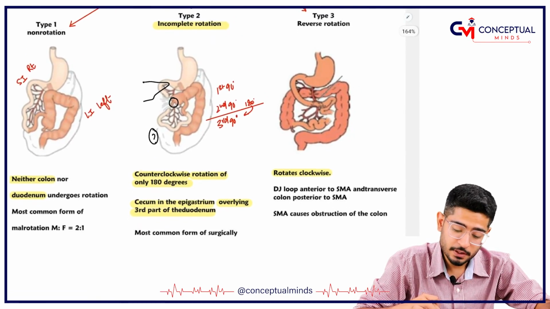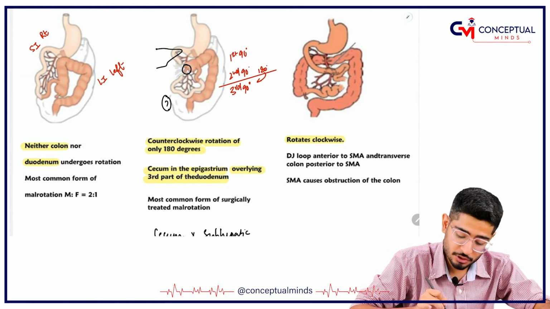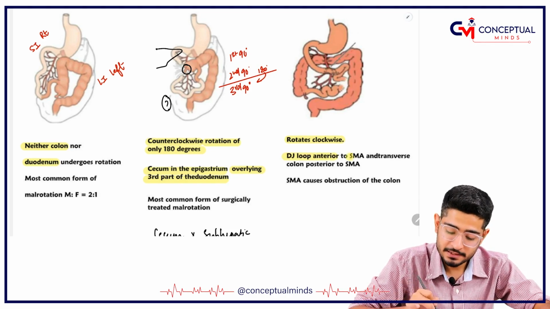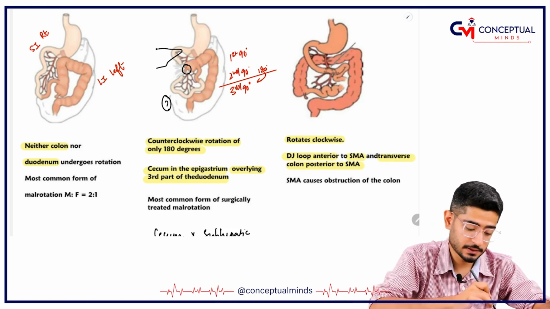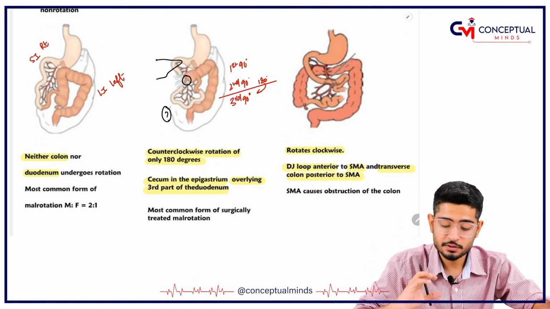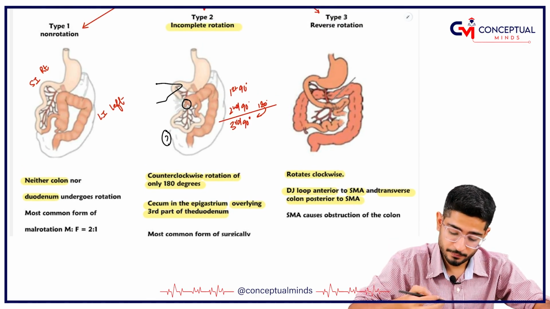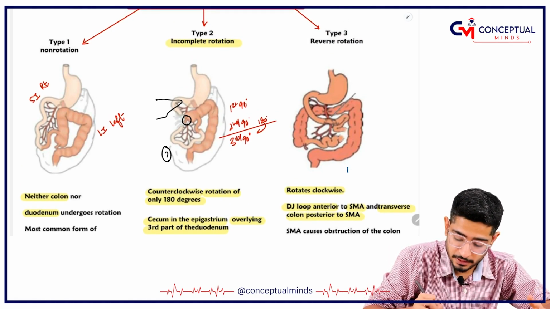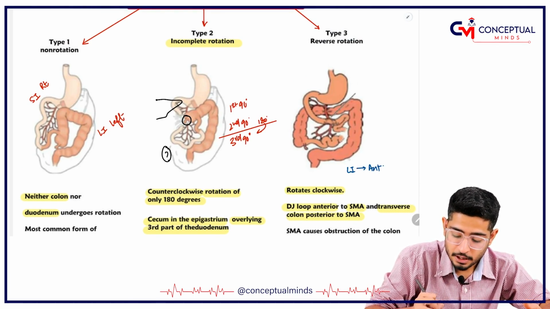And what happens when it is a reverse rotation? In reverse rotation, the duodenojejunal loop is anterior to the SMA and the transverse colon is posterior to the SMA. If it is rotating clockwise, what normally happens is that the large intestine, the transverse colon, is anterior, whereas the small intestine is posterior.